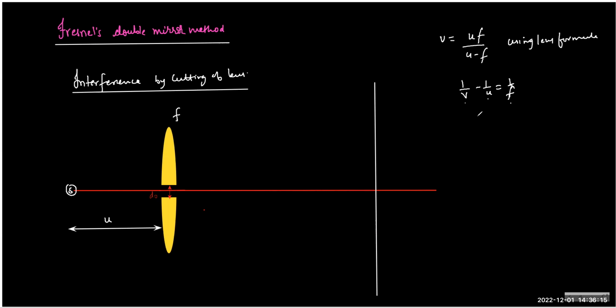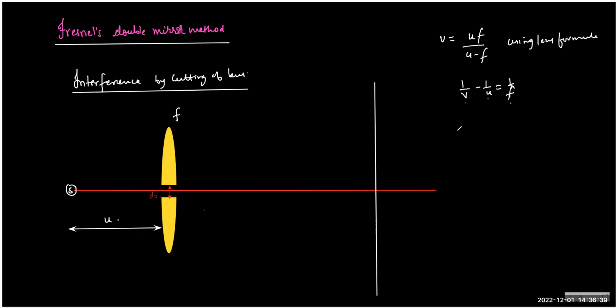So the symbol is like V, U, F. So let's say you know U. What you know is called value, and what you don't know is called symbol, right? Because you don't know, so you keep it symbolically as such. Okay.